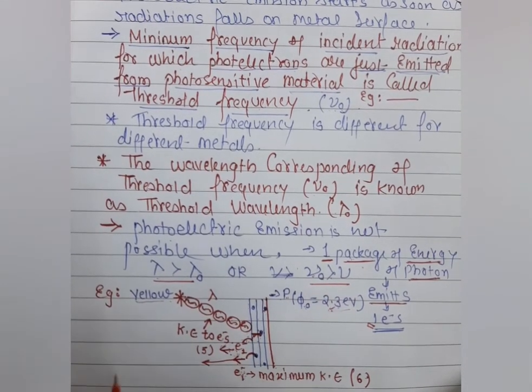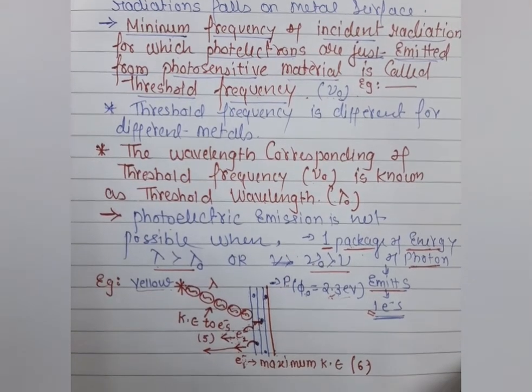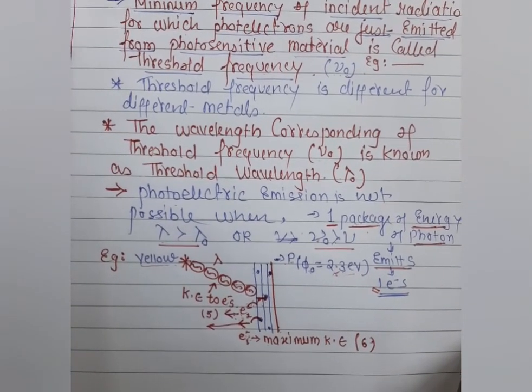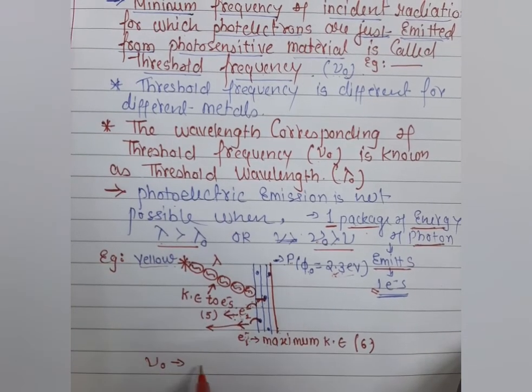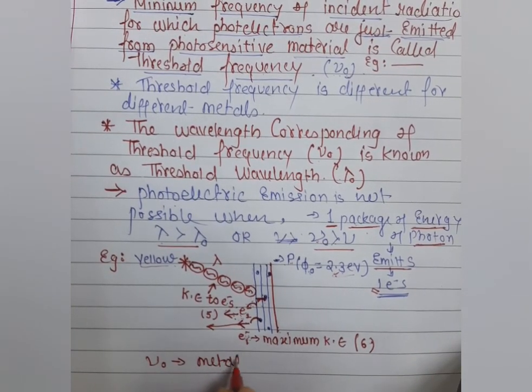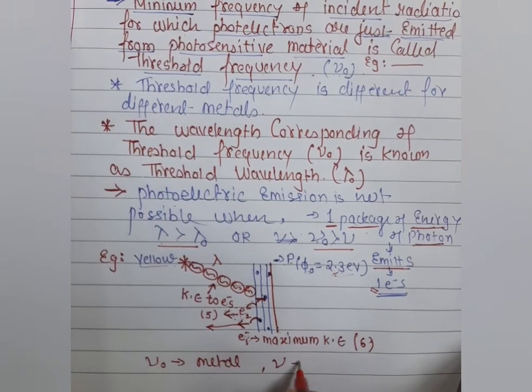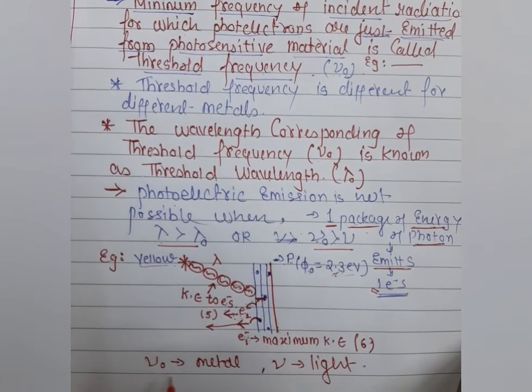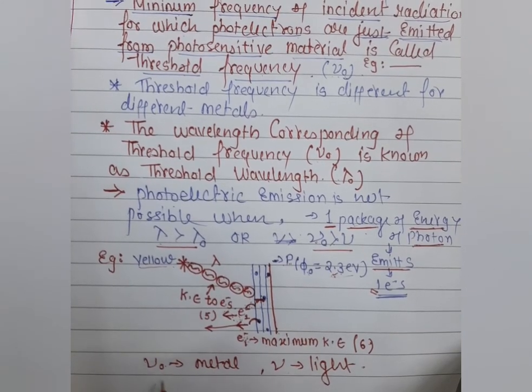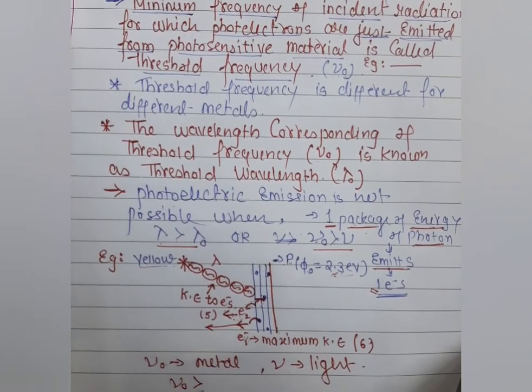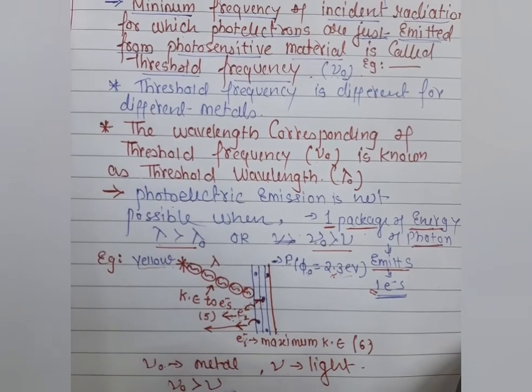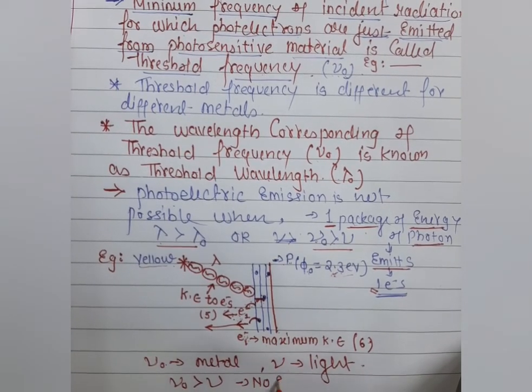Yes student, this concept is very important. Here I can explain so you can remember this concept. Nu naught is the frequency of the metal, and nu is the frequency of light. Remember this: if the metal frequency is greater than the light frequency, there is no emission.